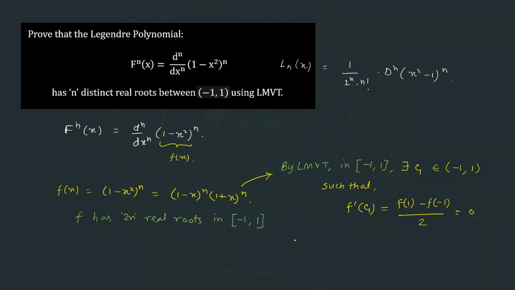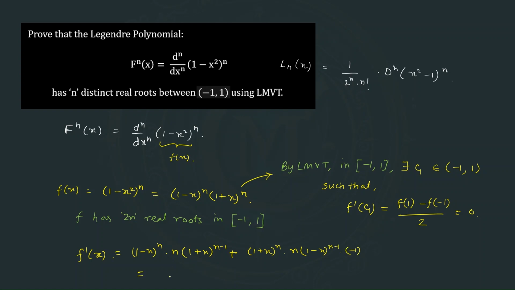Similarly, if we consider the derivative of this function, f dash x will be (1 minus x) to the power n, then n times (1 plus x) whole to the power n minus 1, plus (1 plus x) to the power n, then n times (1 minus x) to the power n minus 1 times minus 1.